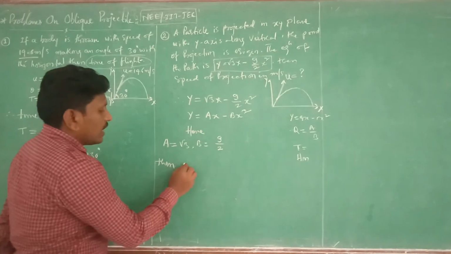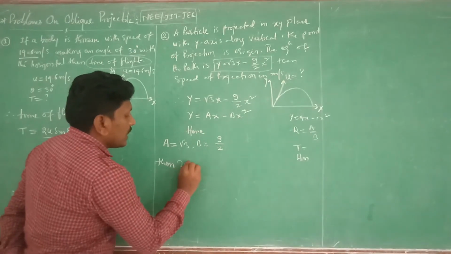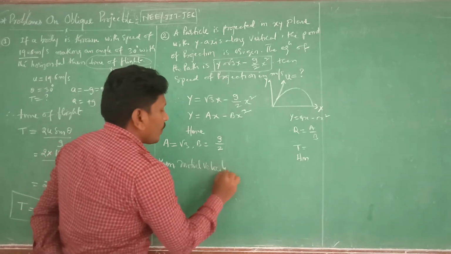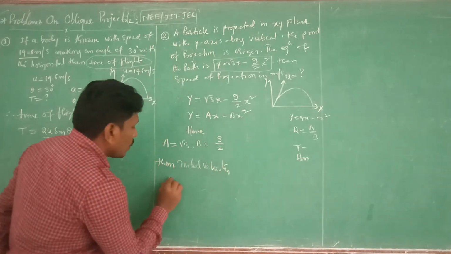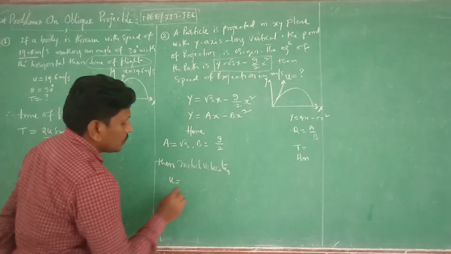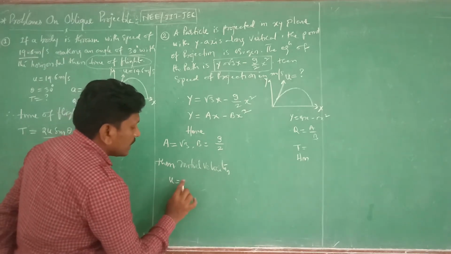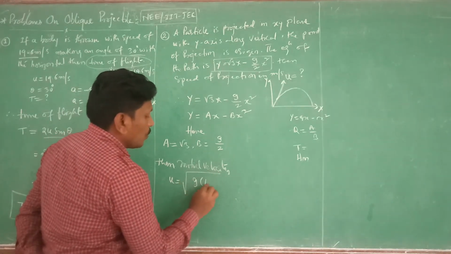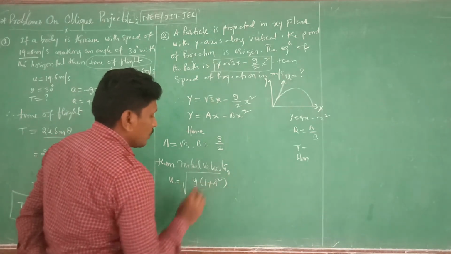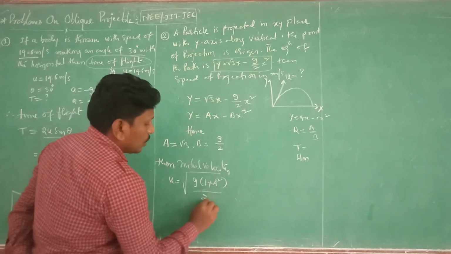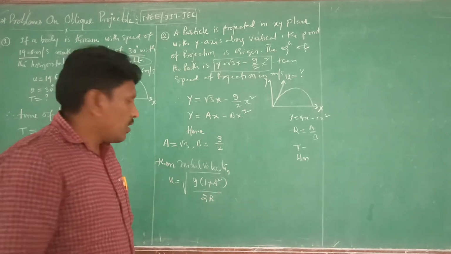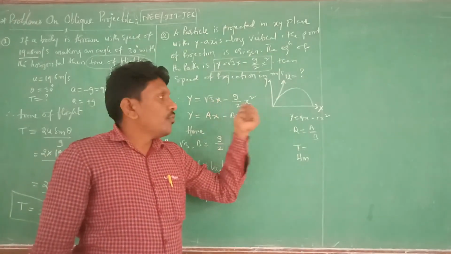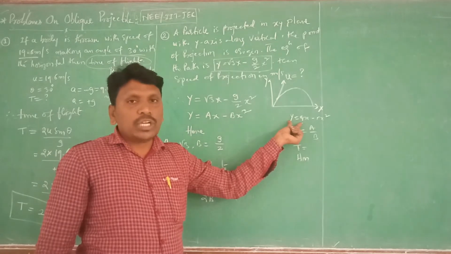In that case, the initial velocity u is equal to square root of g into 1 plus a square by 2b. This is the formula for when the equation is given in the parabolic path.